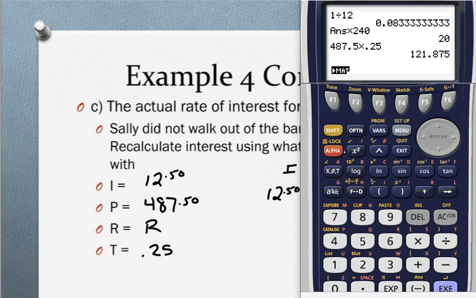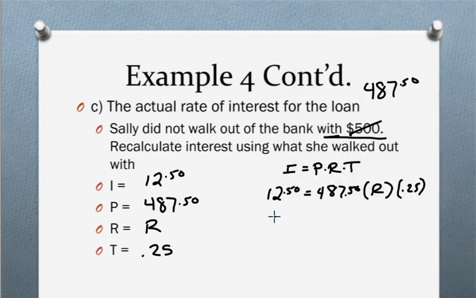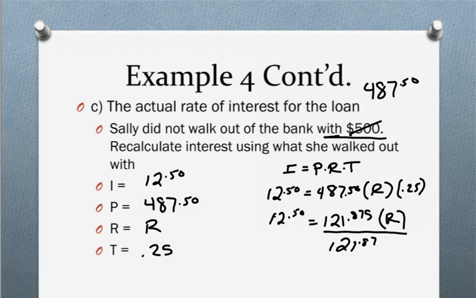So this is what the right side of our equation is, and I'm going to use this whole number, 121.875. I know you can't have half a cent, that the bank's not going to give that to you. It doesn't matter. We want to solve for R, so we're going to leave this here. Now you divide both sides by 121.875.